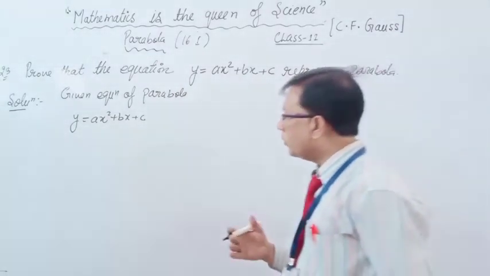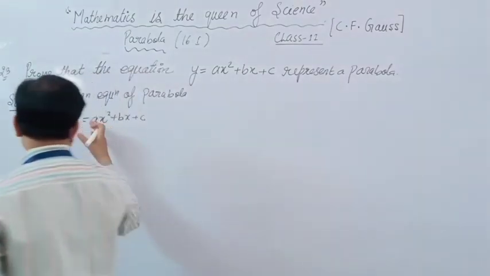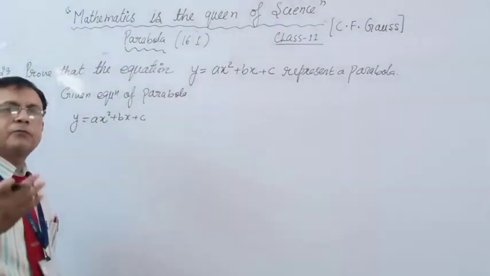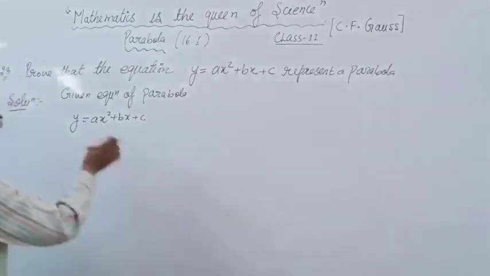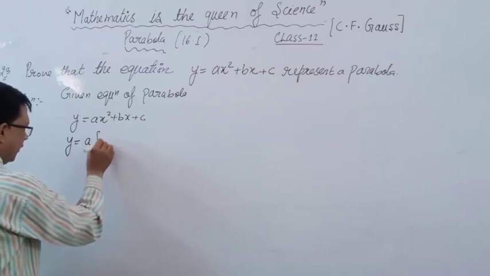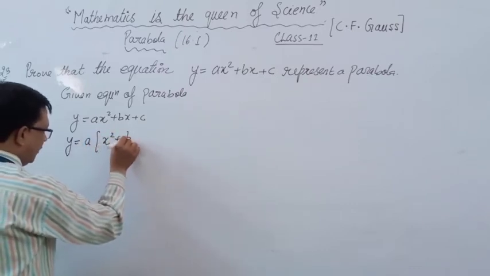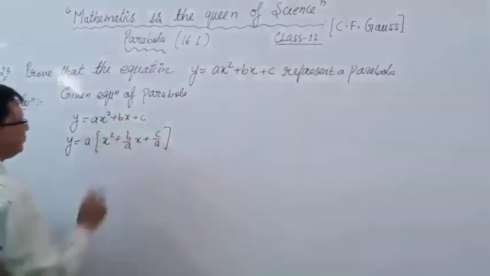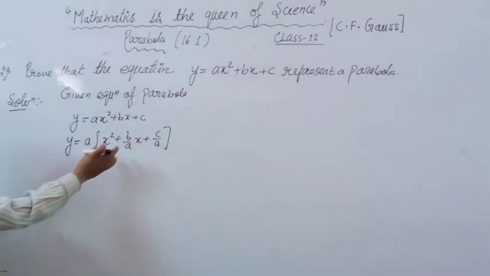If any coefficient is present with x square, first we take it common. So we get x square plus b upon a x plus c upon a, with a common.